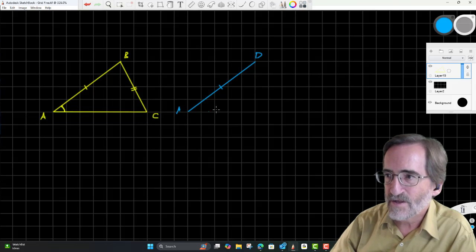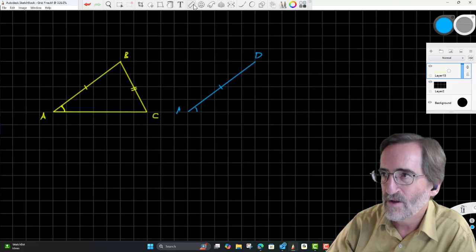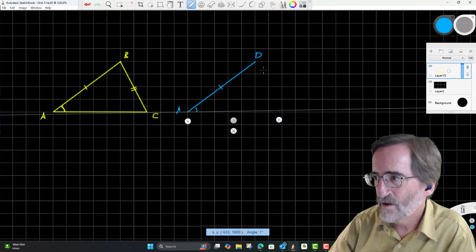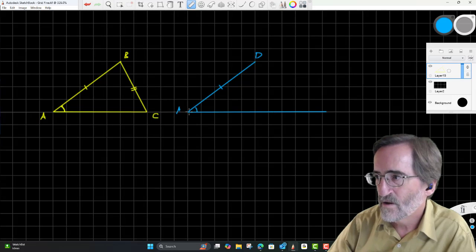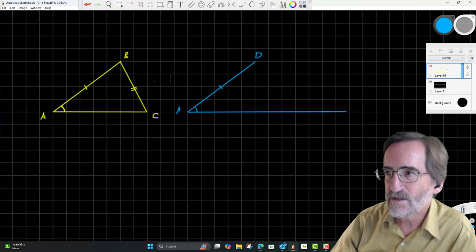And because it has the same rise and run, it's got the same angle as well. So this angle is the same, though I haven't drawn the bottom. Let's go ahead and draw the bottom. Okay, and I'm going to draw it longer than I need to. And I want to draw BC so that it's the same length.